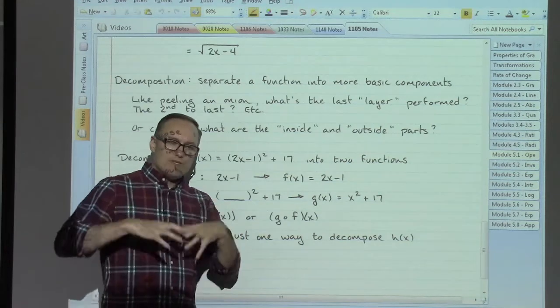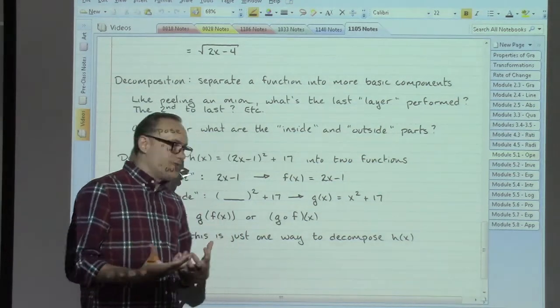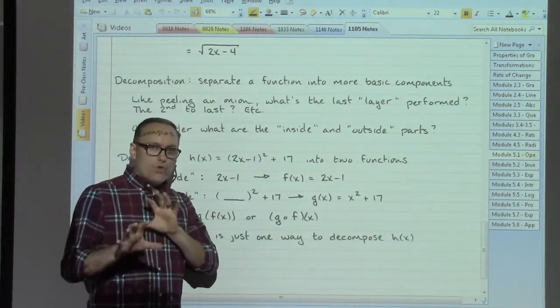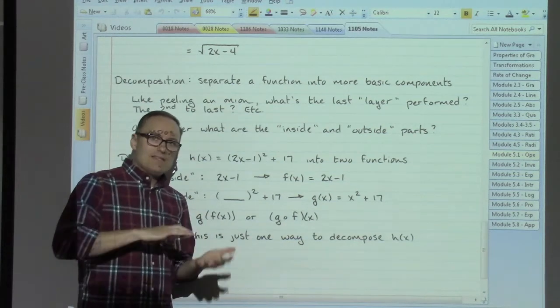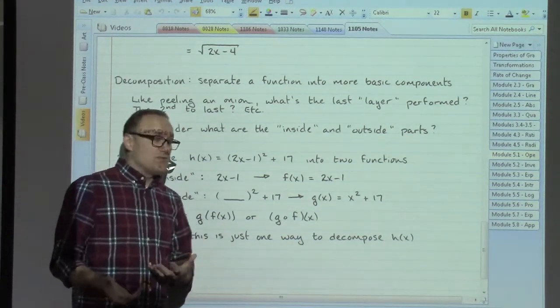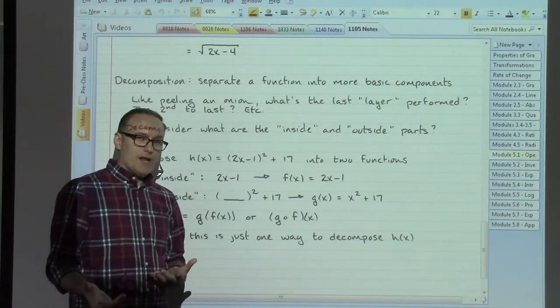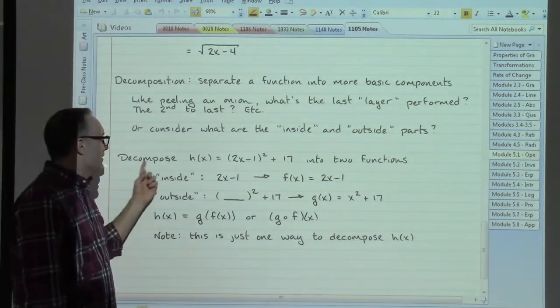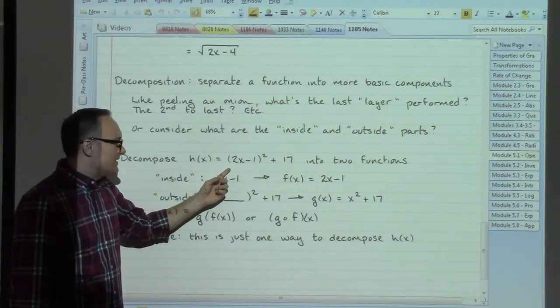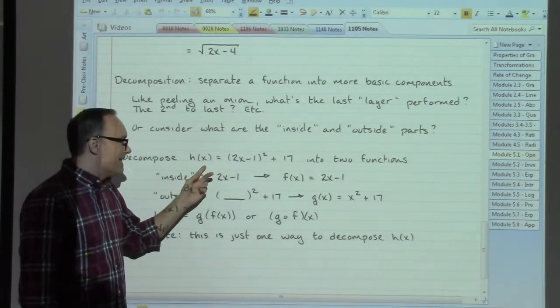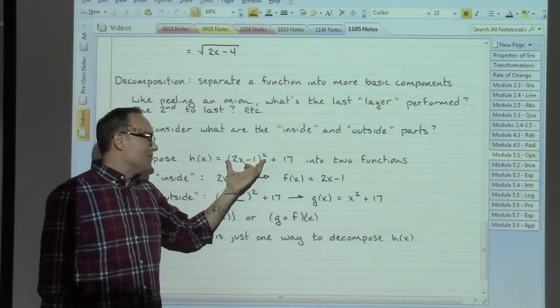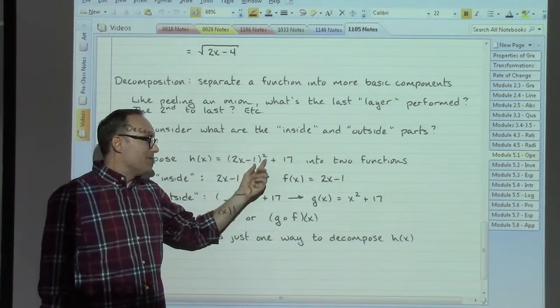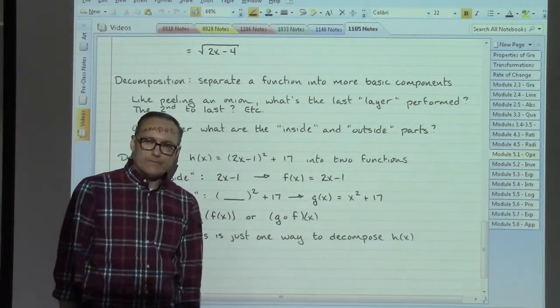So anytime we see some of these basic kinds of things, we want to say, oh, is there a way for us to talk about inside versus outside? Some of these are a little bit more direct than others. So here's this function, regular h of x. H of x is equal to (2x minus 1) squared, plus 17.